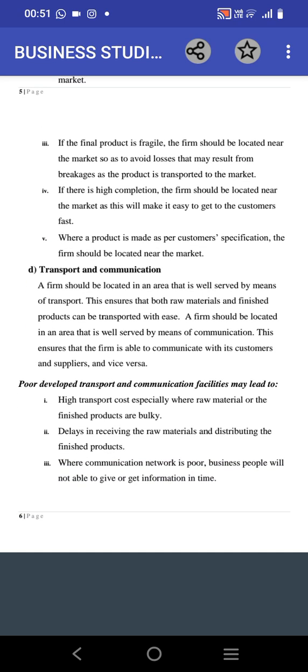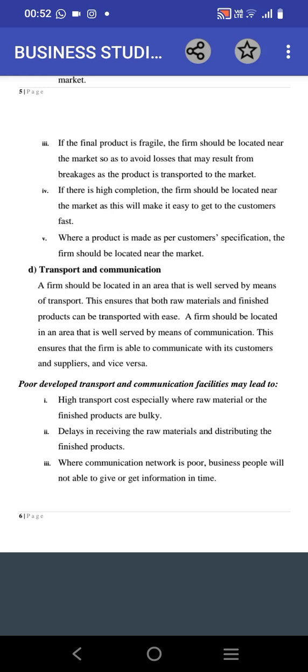Okay, let's see transport and communication. You should locate your farm near where there is transport and communication. Good transport will lead to quicker and safer transportation of goods, where it is required.